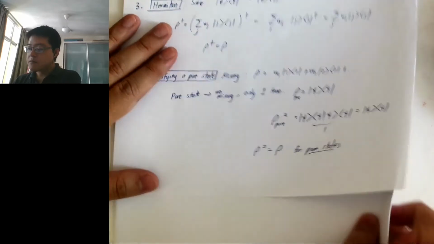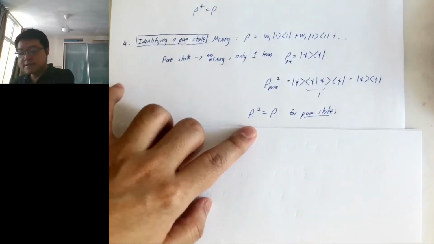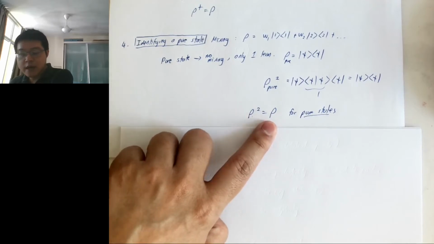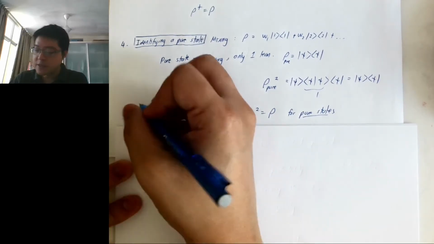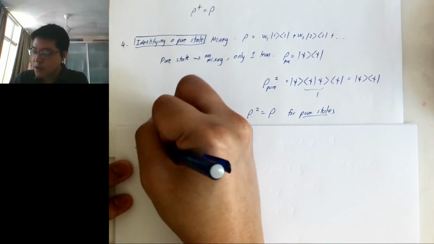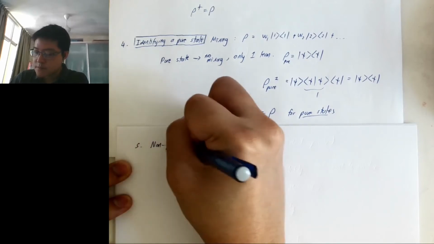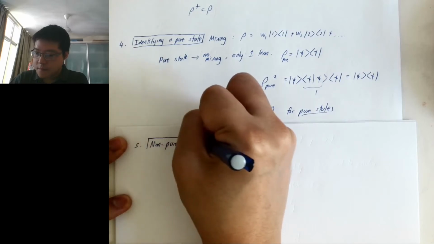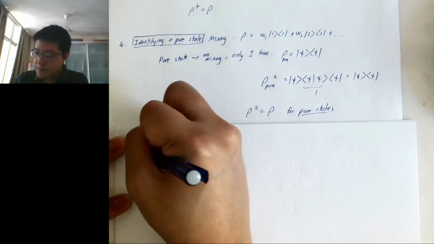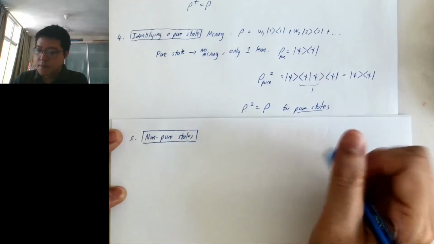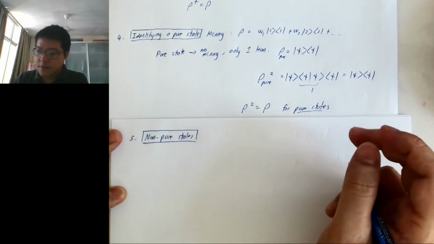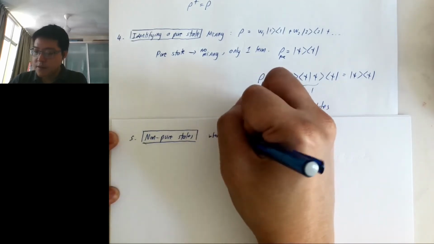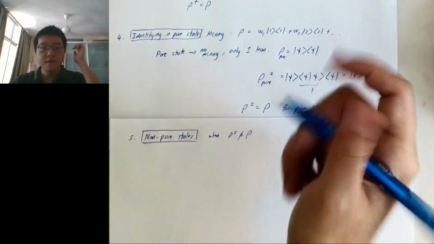Okay, so does that mean that if it's a non-pure state, I square this, I may not get this? That is true. So this is the next point. What about non-pure states? For non-pure states, rho square is not equals to rho.